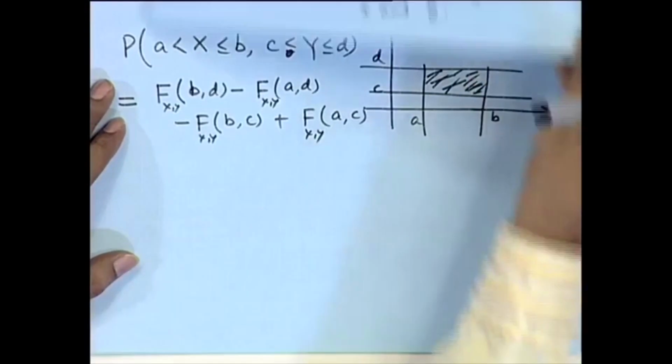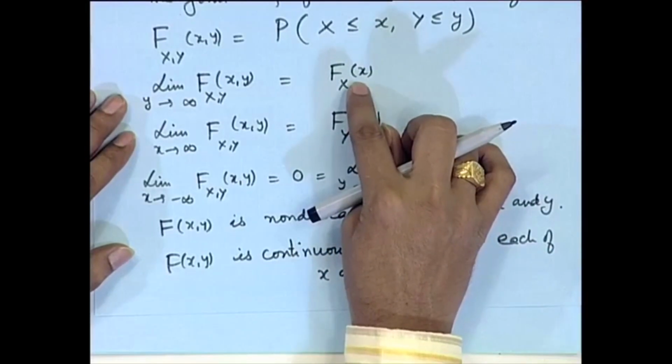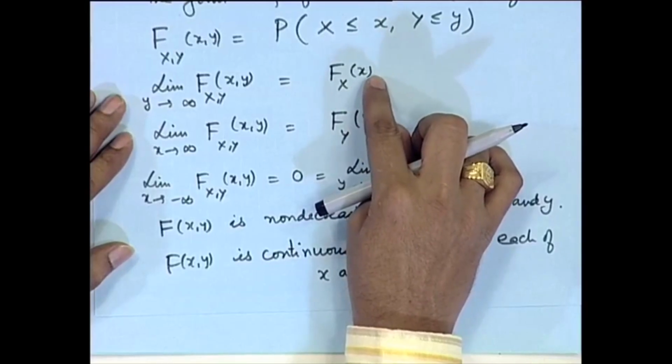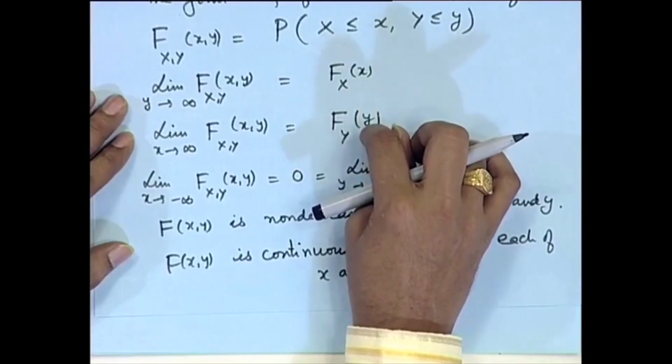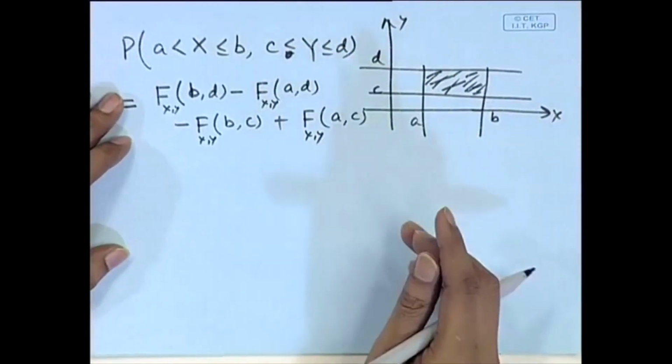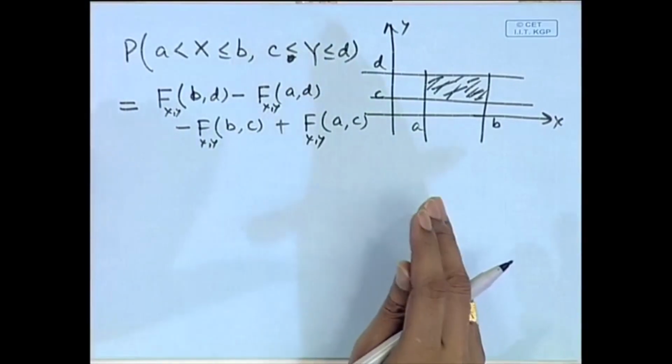Since we are able to obtain the individual distributions from the joint CDF, we can find the individual nature of the random variables, that is whether they are discrete, continuous or mixture random variables from here. Moreover, if the random variable x y is continuous throughout, then capital F x y will be absolute continuous in both of the arguments, and the derivatives with respect to x and y will give you the probability density function of x and y.